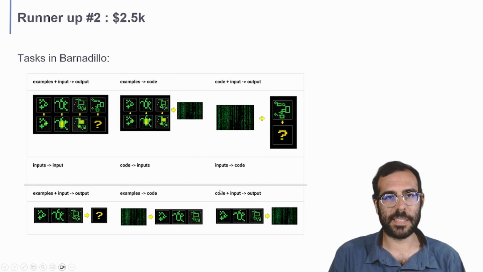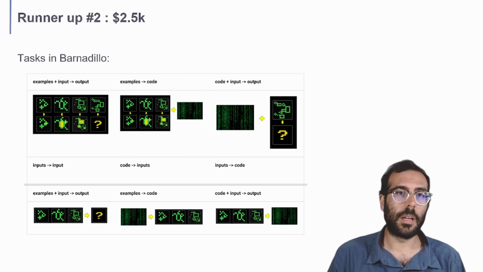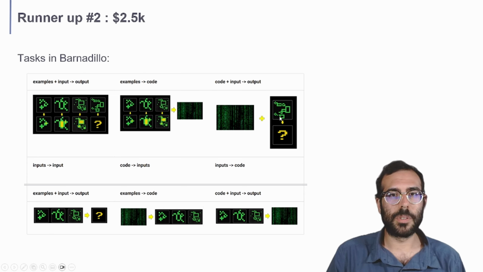So these are some examples of the tasks that the LLM is trained to do. Examples plus input to output, which is just what we've called transduction. Examples to code plus input to output, and so on and so forth.